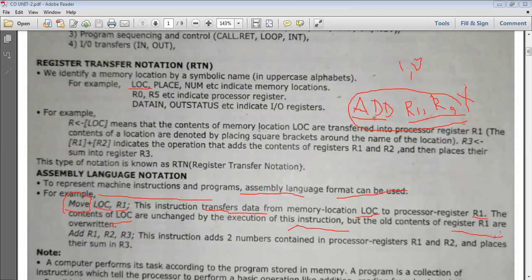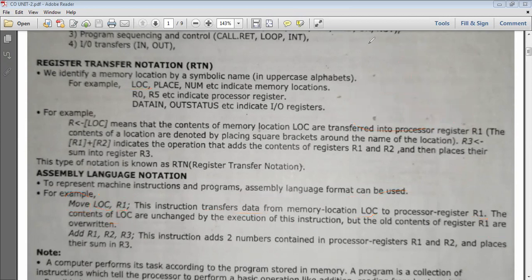Suppose the data in location LOC is 2010, and in R1 the data is 500.